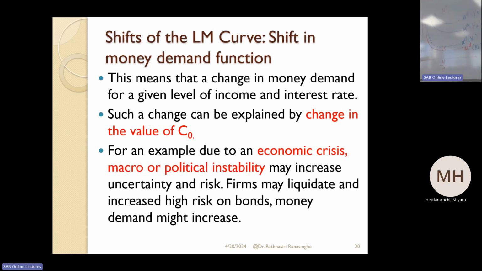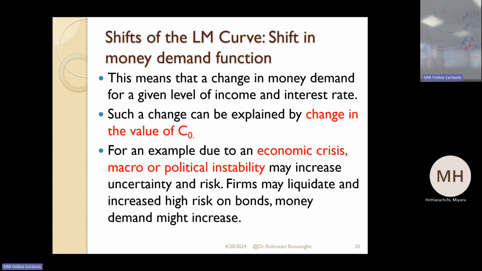Now what happens due to an uncertain situation? Political instability: there is a conflict between the political parties, a civil war situation. If there is war tension in the economy, that increases political instability. So people are not going to buy bonds, because that affects the business.